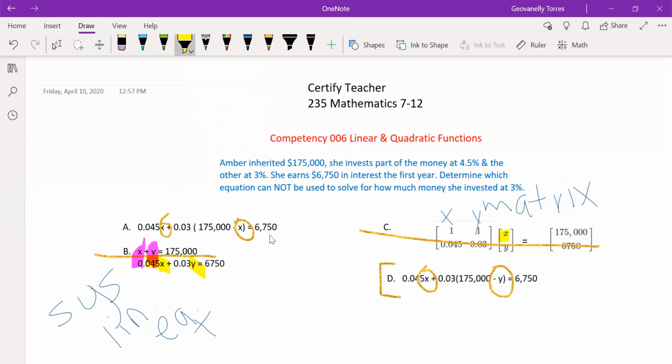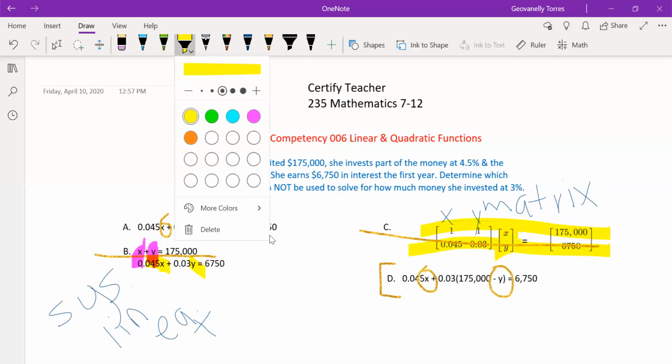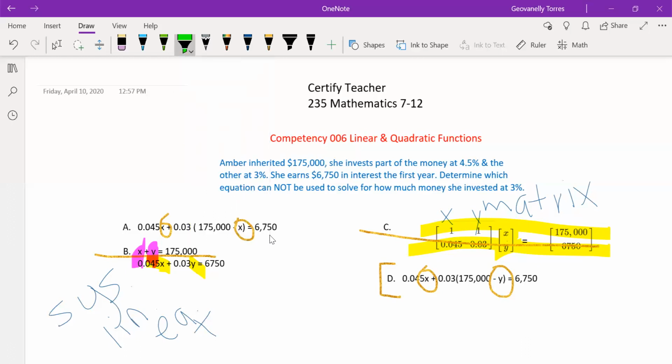And right here too, we also had an x and a y, and we had a top equation and a bottom one. So this means that if we have two variables, we need two equations. And for answer choice D, we have two variables, but only one equation. Therefore, answer choice D is the equation we cannot use to solve for how much money she invested at 3%. Answer choices A, B, and C will be useful to find how much money she invested.